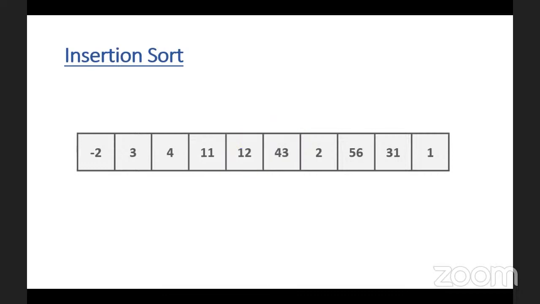You take 2 and check it with these elements, and since it is less, take another position. Since 12 is greater, move, and 11 is greater, move, and 4 is greater, move, and the next element 3 is greater, move, and then -2 is less, so I'll put it here.